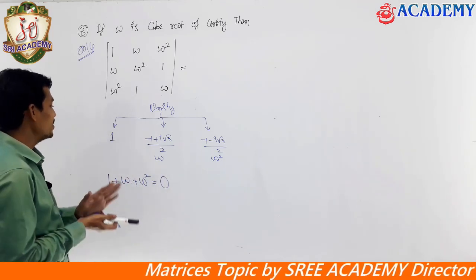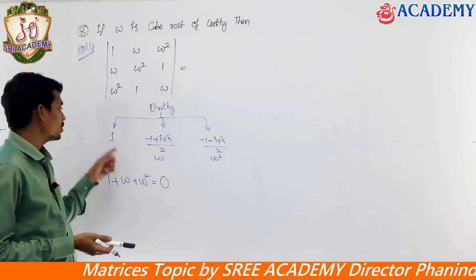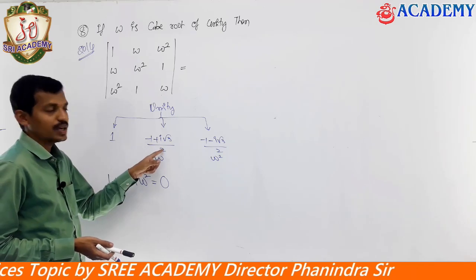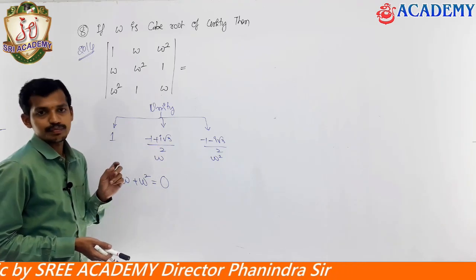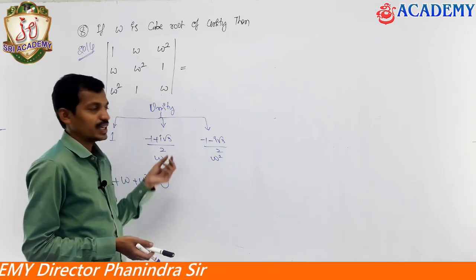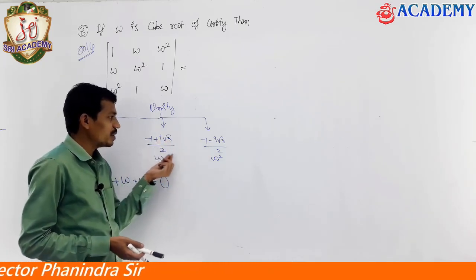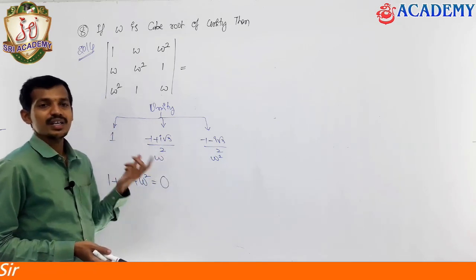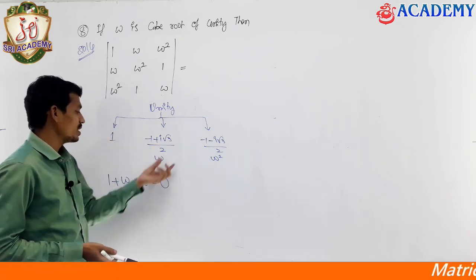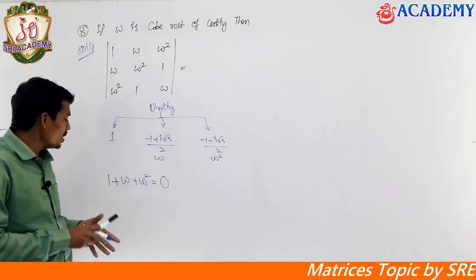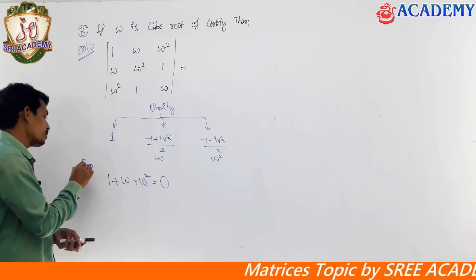If you add these 3 values, you will get 0. 1 plus minus 1 by 2 plus i root 3 by 2 plus minus 1 by 2 minus i root 3 by 2: the i root 3 by 2 terms cancel. Minus 1 by 2 minus 1 by 2 is minus 1. 1 minus 1 is 0 only. This is the main property of cube roots.